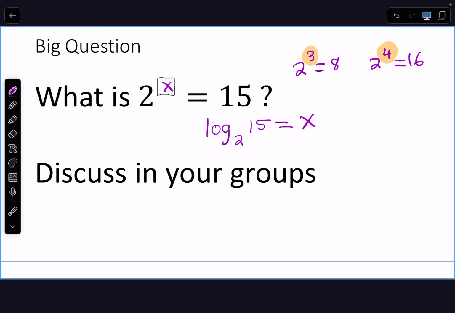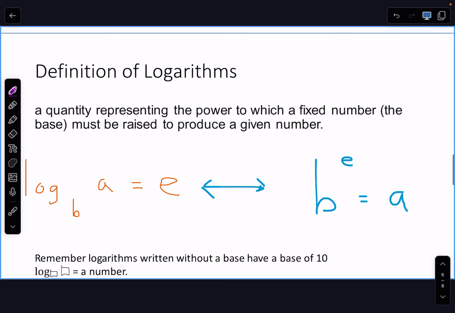And then if we put this in our calculator, we are going to get x equals 3.91 approximately. And if you try this in your calculator, 2 to the power of 3.91 is approximately 15. So in the next slide, I'm going to discuss with you how to convert it.